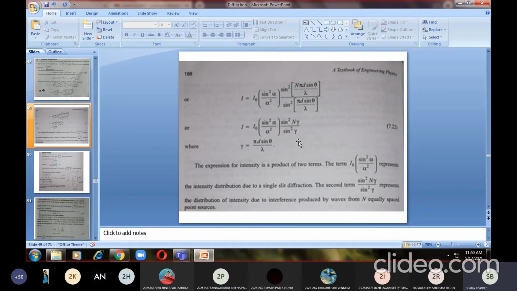But are we getting it here? Can you tell me that for n slits, intensity is n square times the I naught value, when gamma is equal to 0 or alpha is equal to 0? For n slits, the total intensity is n square times I naught. Can you say that?